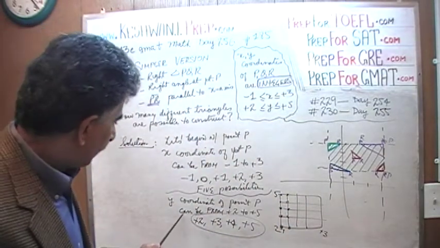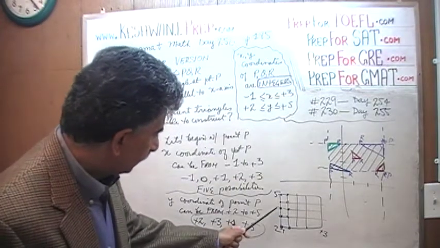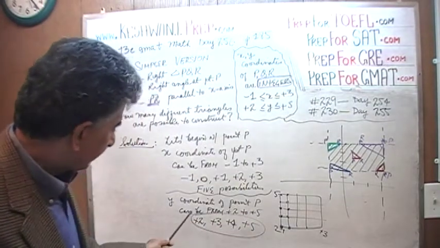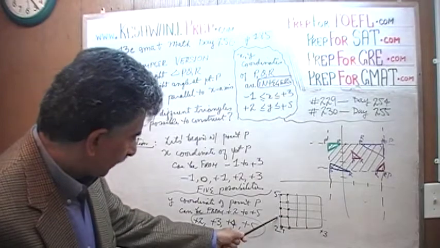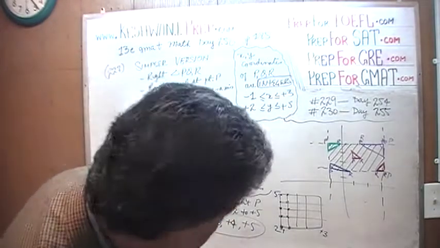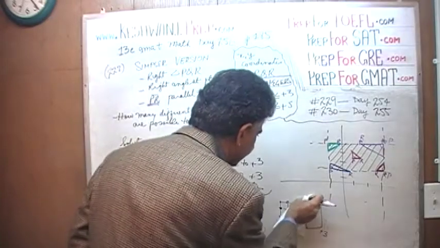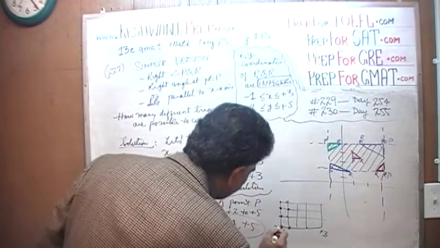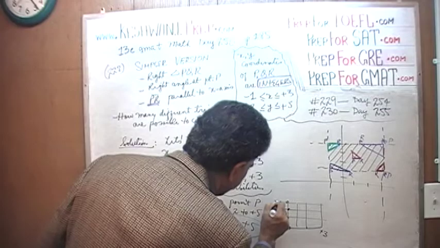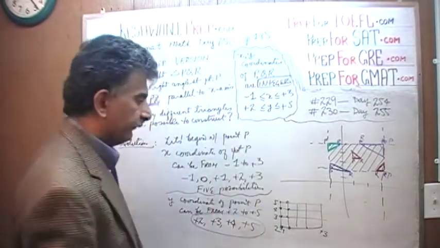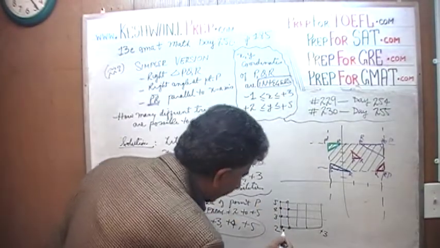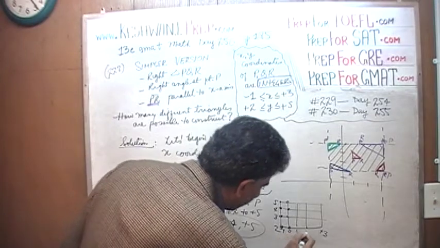We have 4 for y here. 1, 2, 3, 4. That's my problem. We have 5 here, but y can be only +2, +3, +4, +5. I have one too many for the y. Y can only be from 2 to 5, and x can be from -1 to 0 to 1 to 2, 3.